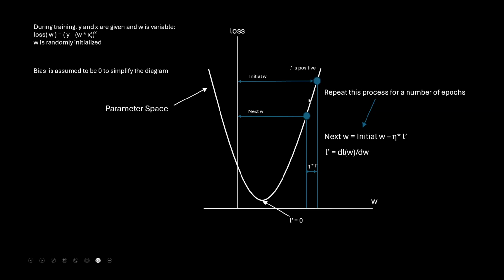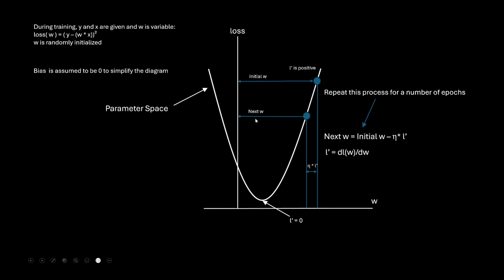The derivative is going to be changing as we get closer to zero. As we get closer to the minimum value of the loss, at the minimum value of the loss, the derivative is zero. So at that point, if we get W at this point, we basically got the actual output exactly the same as the predicted output defined by this process.